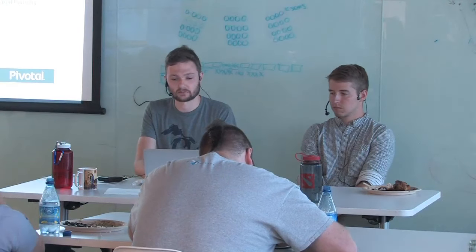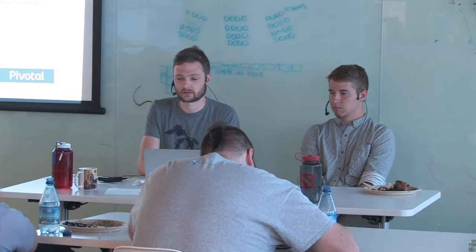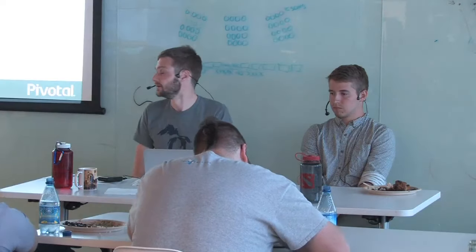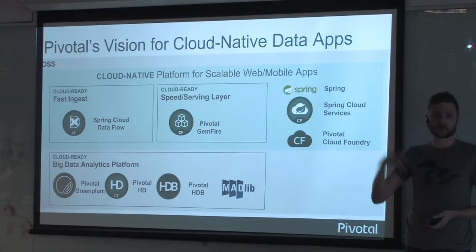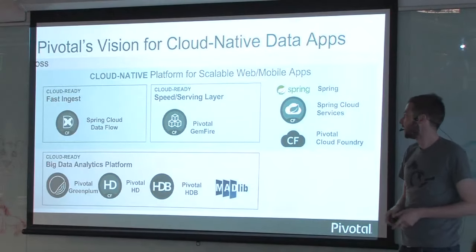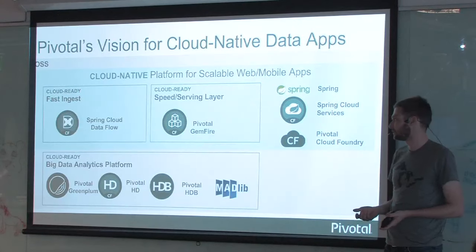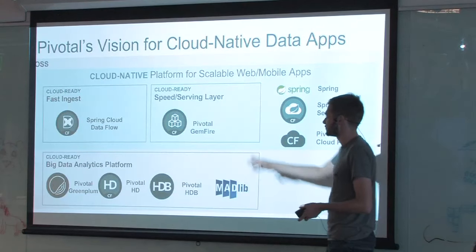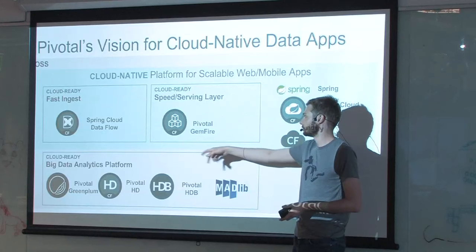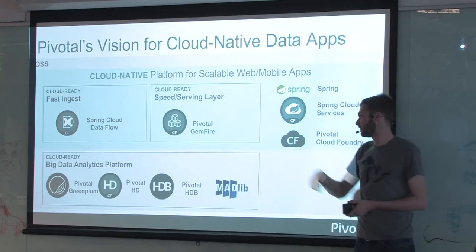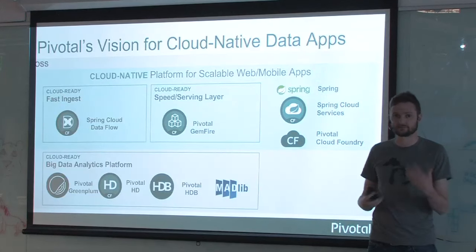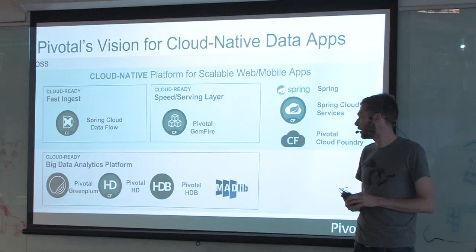And a quick summary about what we're doing with cloud native data apps. I very explicitly am stealing this from a sales presentation. So we think about Cloud Foundry and what Labs is doing with all of Cloud Foundry. Where does data fit into that? Some cloud-ready things right away would be Spring Cloud Data Flow, how they're ingesting data, and Pivotal Gemfire, the quick serving layer.